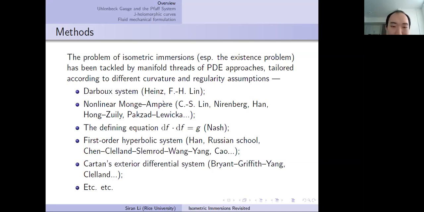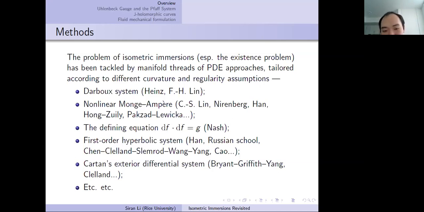They are also subject to different curvature assumptions and regularity assumptions. So I mentioned several approaches, mostly PDE approaches.